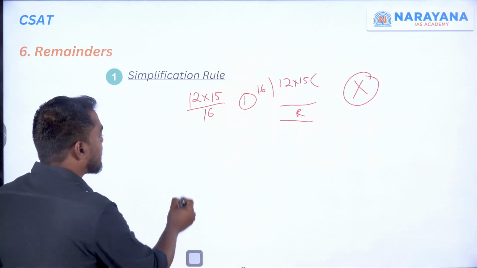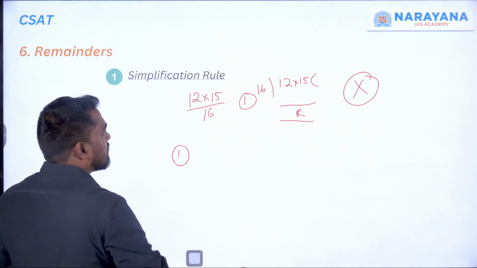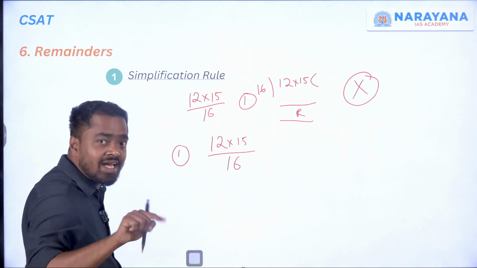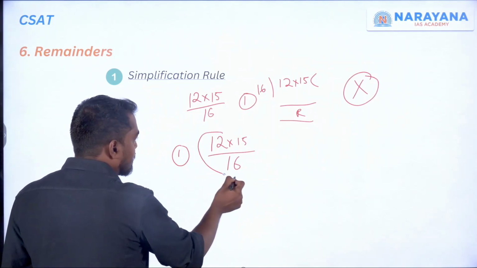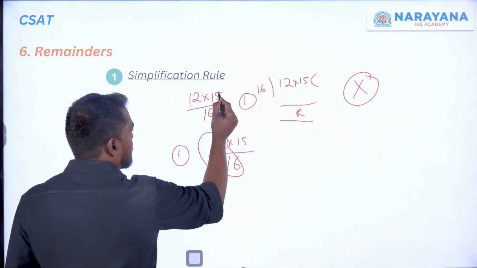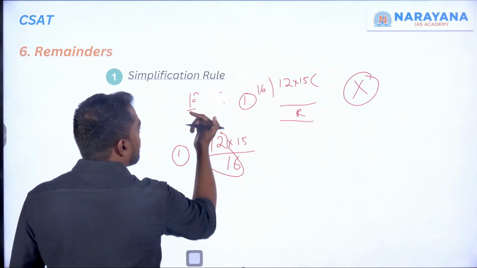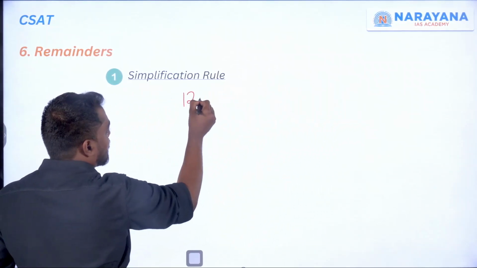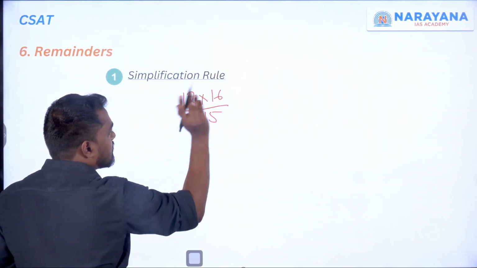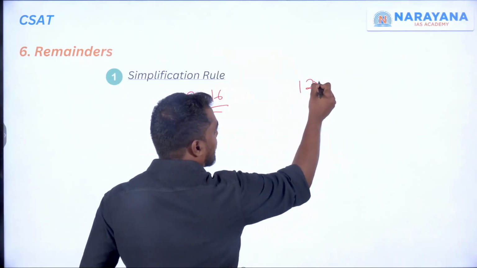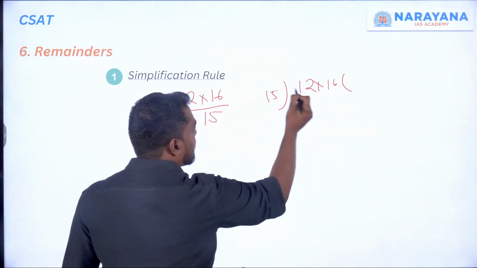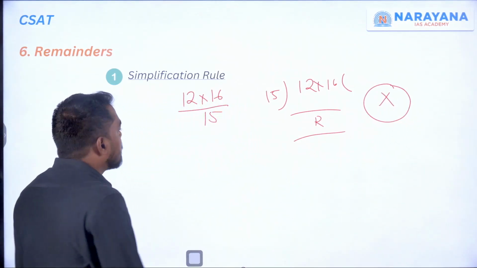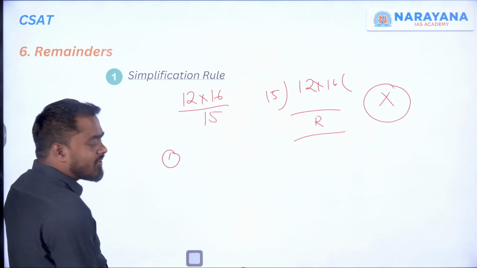How to apply the simplification rule? The first one, 12 into 16 divided by 15.